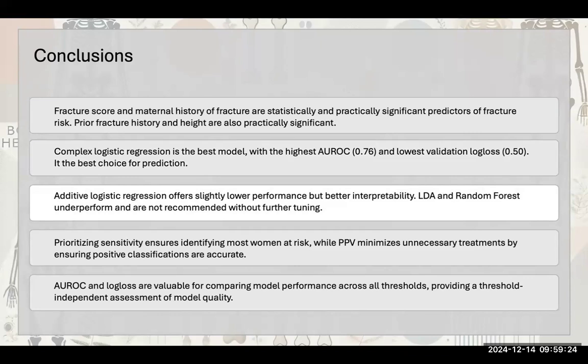LDA and random forest underperform and are not recommended without further tuning. Prioritizing sensitivity ensures identifying most women at risk while optimizing PPV minimizes unnecessary treatments by ensuring positive classifications are accurate. And the area under the ROC curve and log loss are valuable for comparing model performance across all thresholds, providing a threshold-independent assessment of model quality.